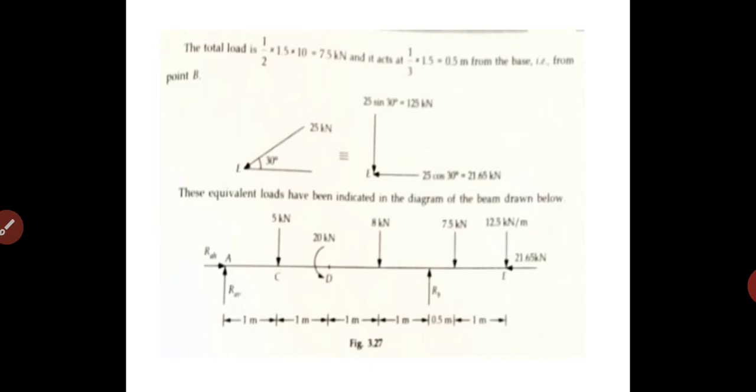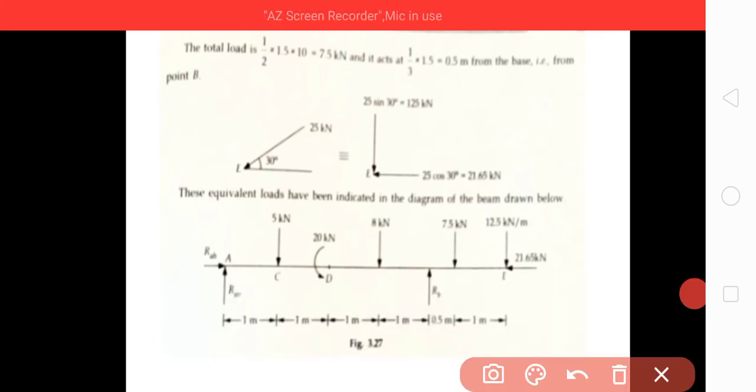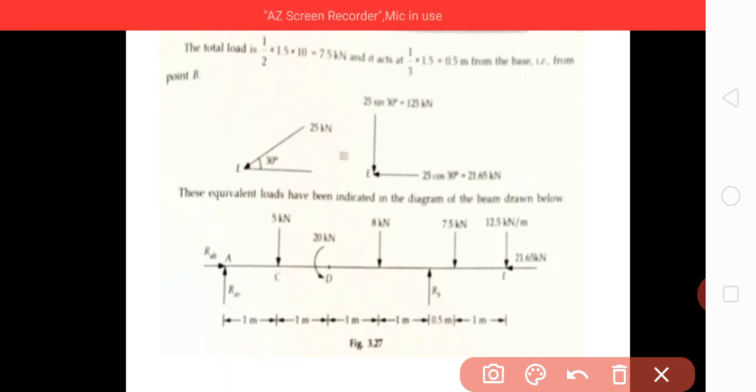This is the vertical component like this and the horizontal component like this. Angle is 30 degree, so it comes out to be 25 sin 30, that is 12.5 kilonewton, and 25 cos 30, that is 21.65 kilonewton.